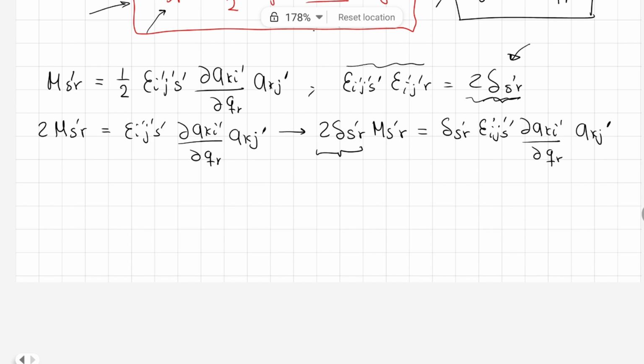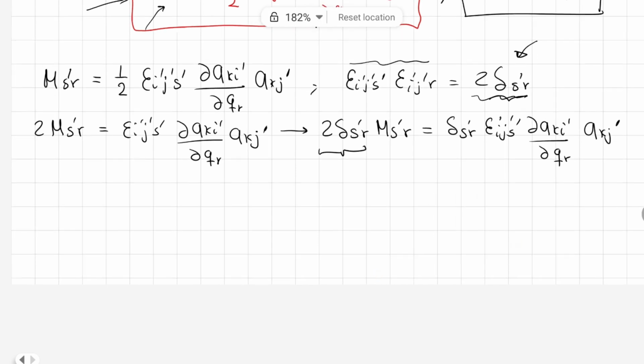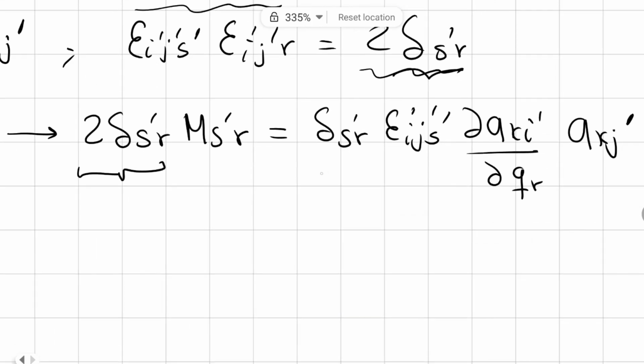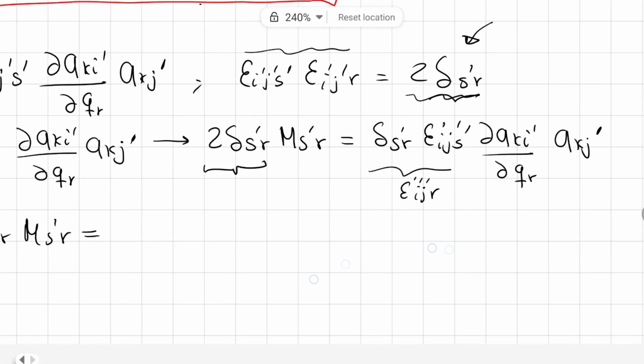So we are going to get that this is EIJS EIJR MSR equals the, and here we are going to use the Kronecker delta. This is of course going to give us EIJR, like this.